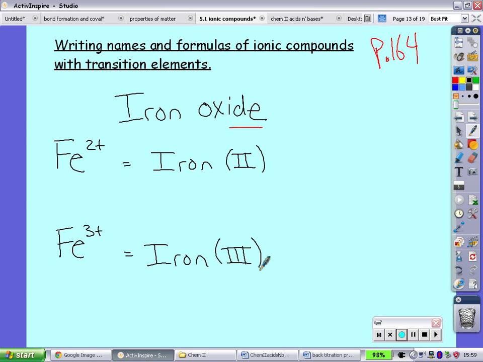So if I want to write the formula for iron oxide, I need to specify which iron I'm using.